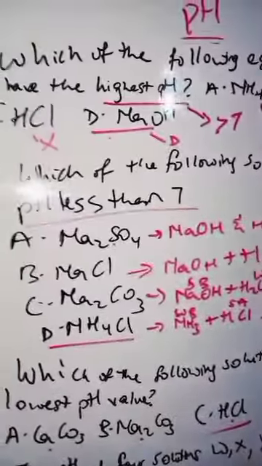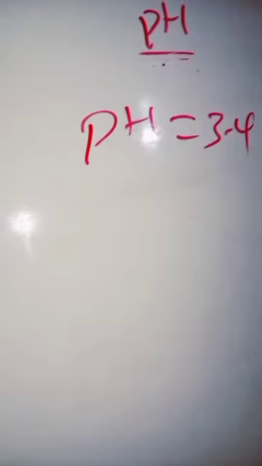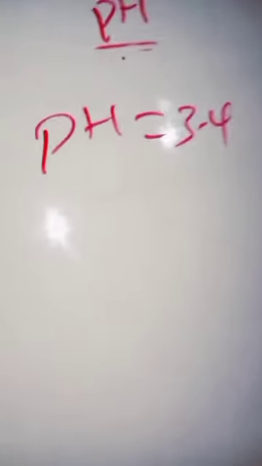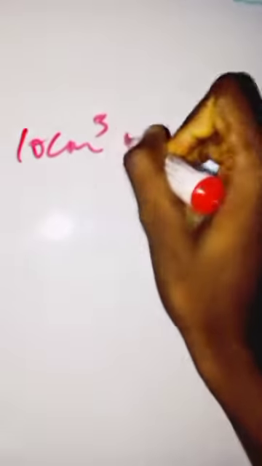There are some questions where they can ask you this, so let me just give the case of the question without writing it. Let's take a sample of the question now. Let's say there's a solution of pH 3.4, and let's say 10 centimeter cube of HCl is added to this.